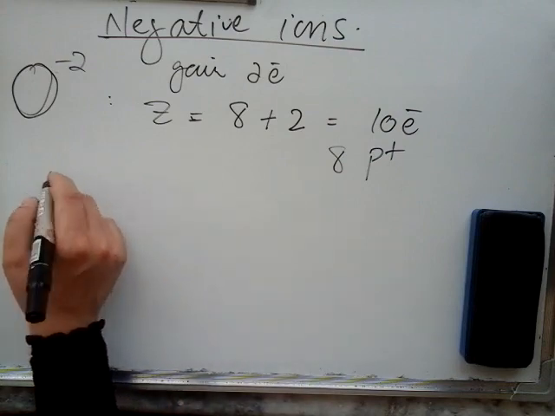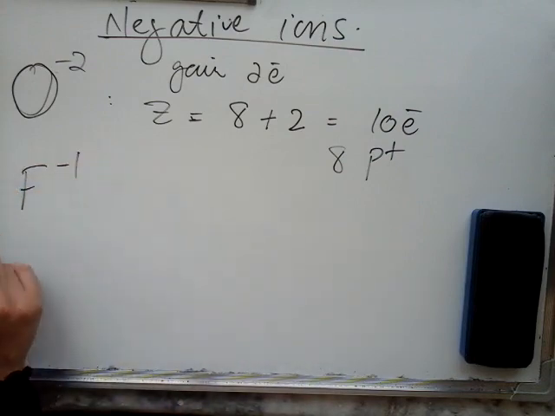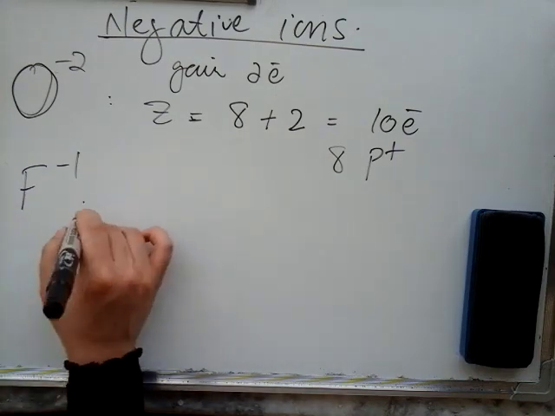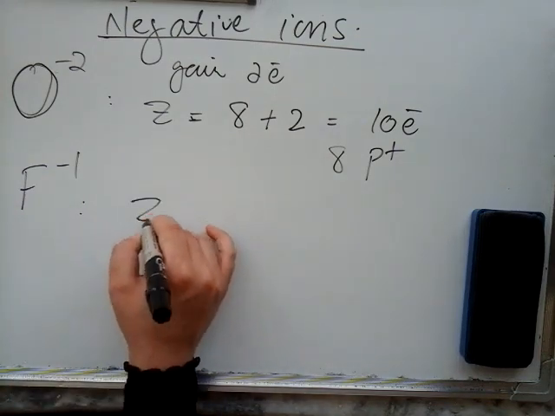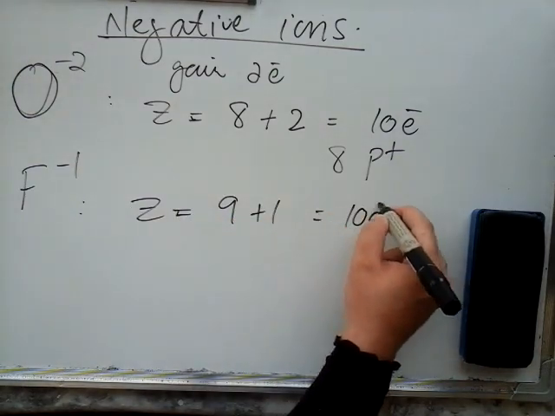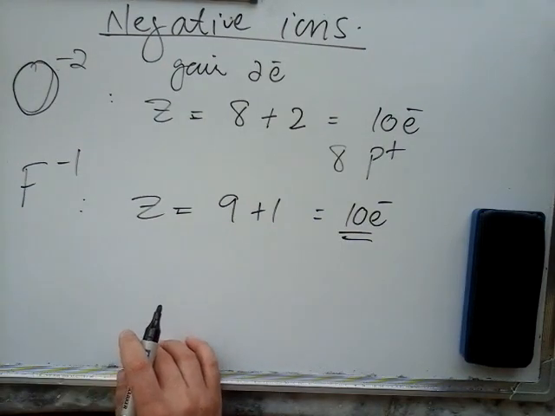Is that clear? In the same case, for example, fluorine minus 1, atomic number is 9. We are not going to use the mass number. So it is 9 plus 1, 10 electrons. Is that clear?